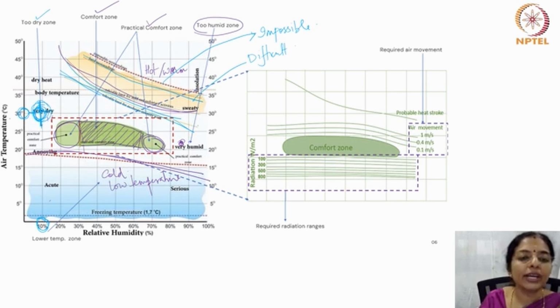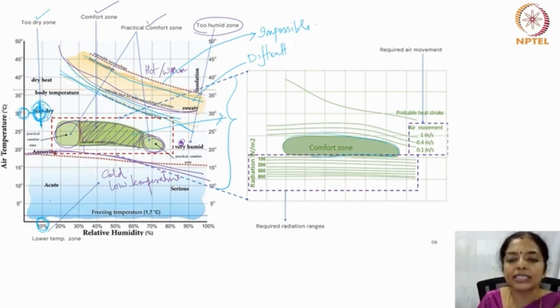Now, if we look at what happens in this zone, which I call as the comfort zone, then it means that under these conditions, one can sustain comfortably under these conditions of temperature and relative humidity.